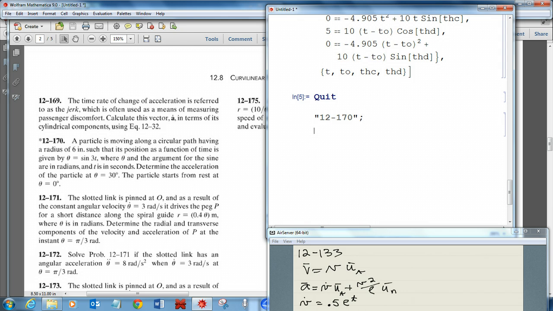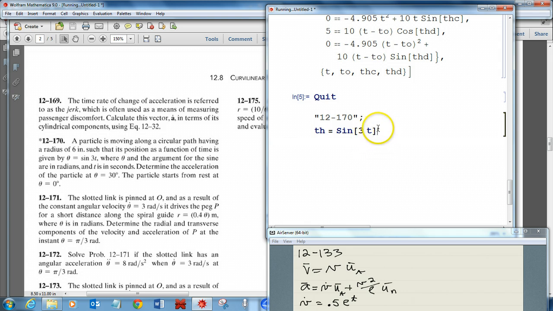What I know is that theta equals sine of 3t. I'm saying th is sine 3t.